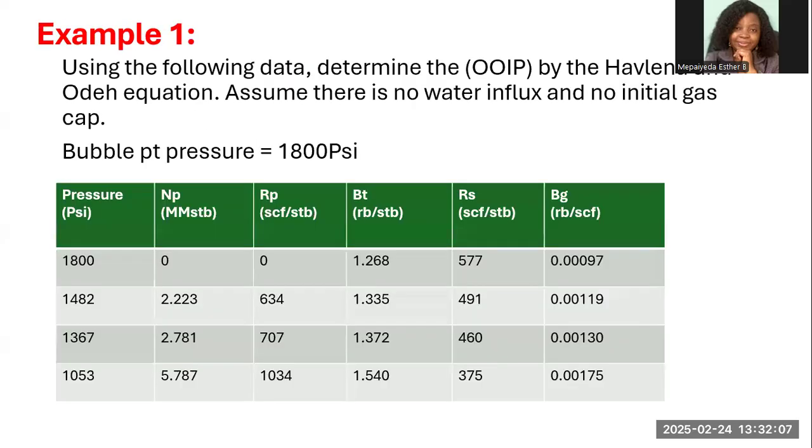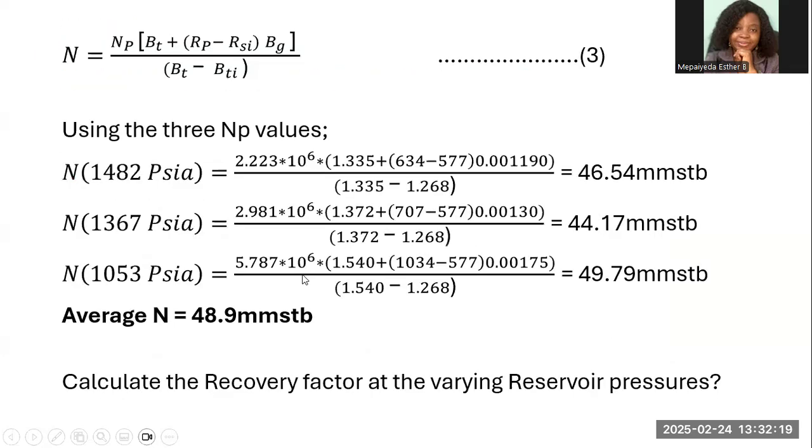Okay, we didn't estimate N at 1,800 because basically NP was 0, RP was 0. If you slot in NP at 0, it turns the whole equation to 0.